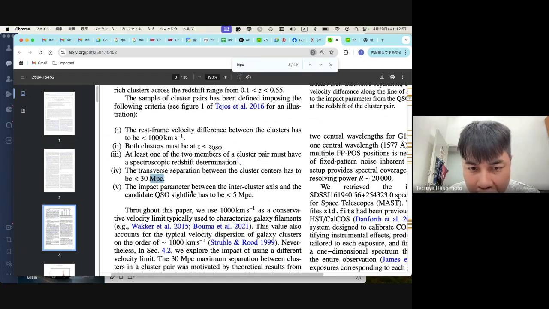Then, wait a moment. Between cluster centers, how should we? Maybe this is a more practical constraint. So I think they are considering line of sight within a structure within 5 megaparsec.